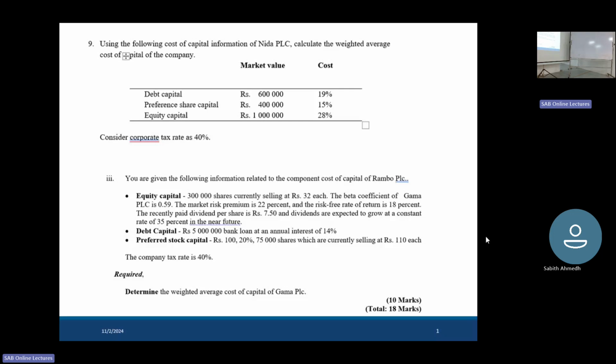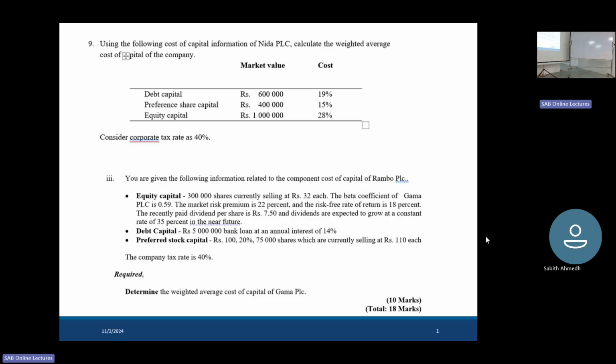You are given the costs: 19%, 15%, 28%. This is what we are going to calculate now. How is this 19% calculated? How do you identify this 25%? And overall, we are paying tax also. So if this is the capital structure, what is your overall cost of capital?